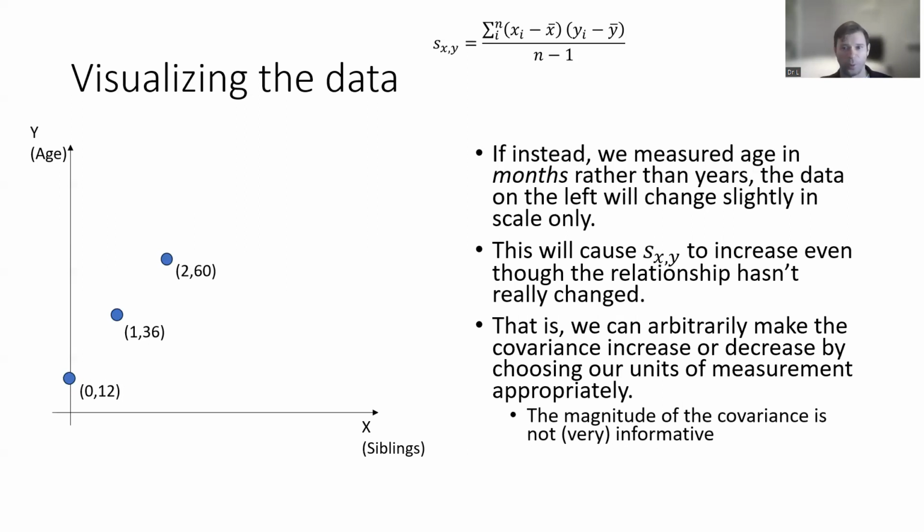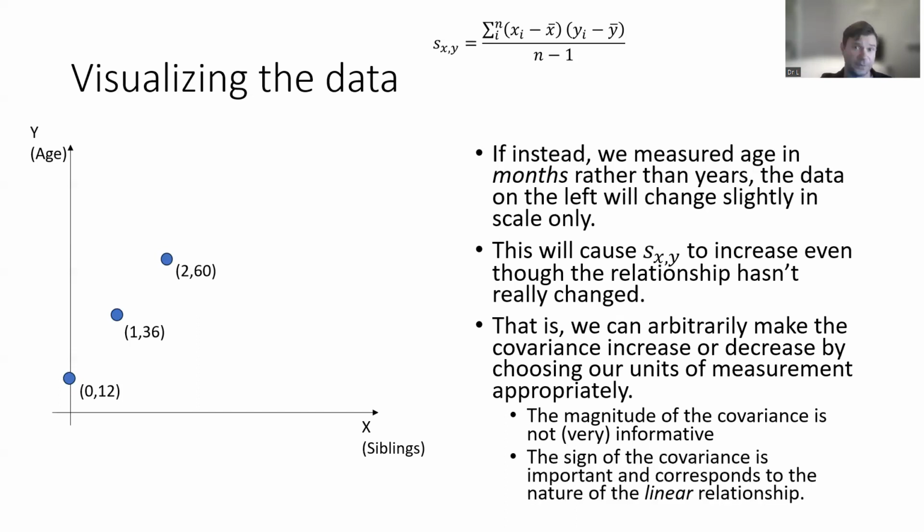While it is informative in terms of the sign, a positive covariance is indicative of a positive relationship, and a negative covariance, a negative relationship, the magnitude doesn't mean much. We could just switch from years to months to days, and make the magnitude of the covariance get larger and larger.